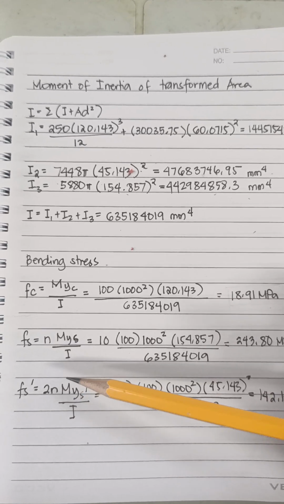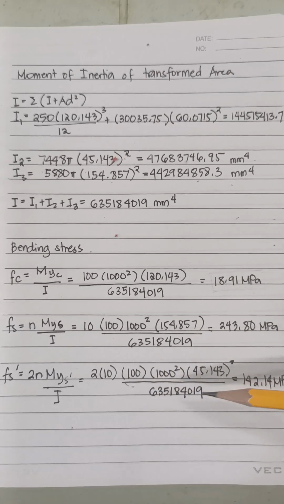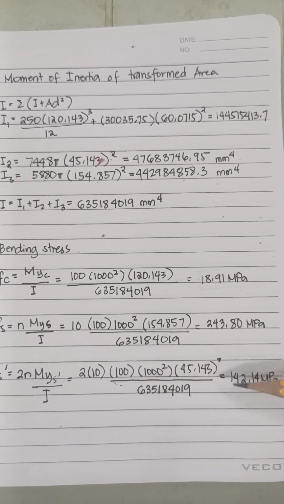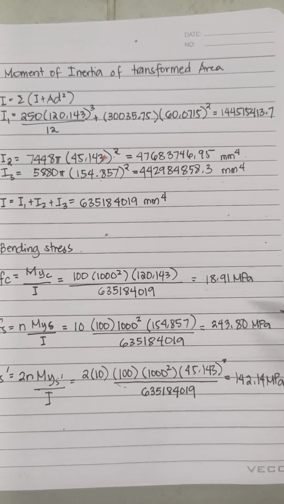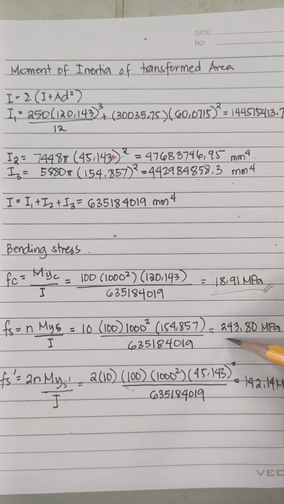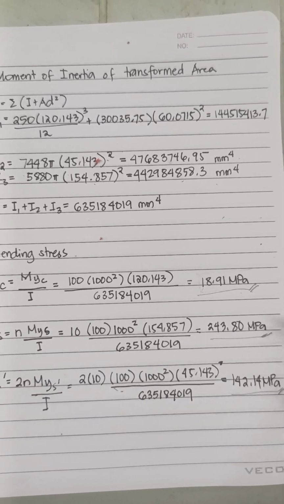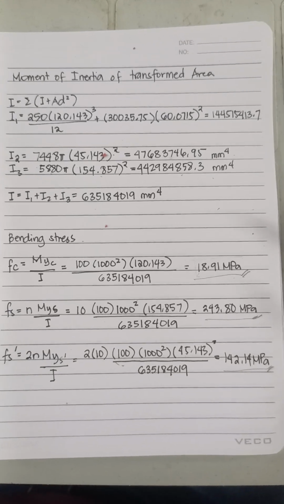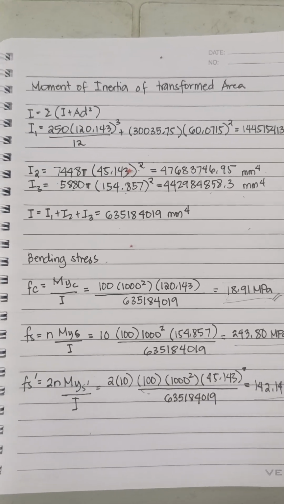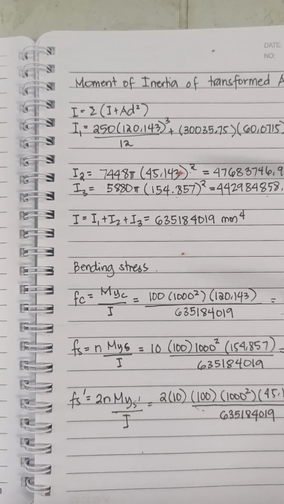So we have 2n My over I. We will have this value, which is equal to 142.14 megapascal. So for the bending stresses, we have the three bending stresses for the three areas of our beam. So that's how we solve a doubly reinforced beam.